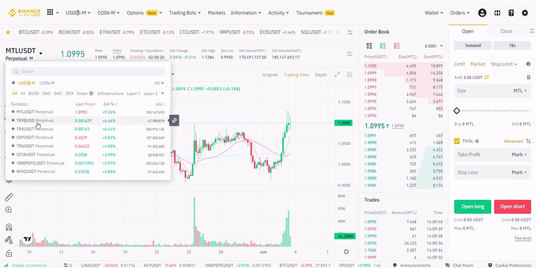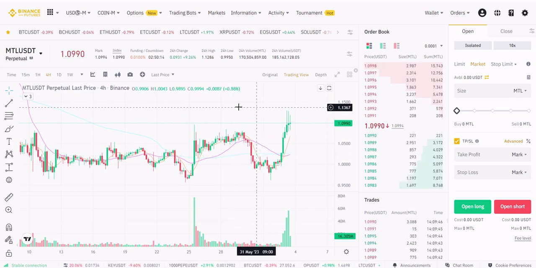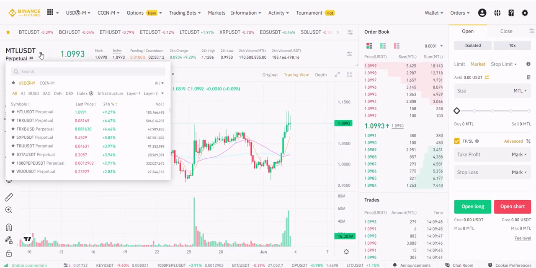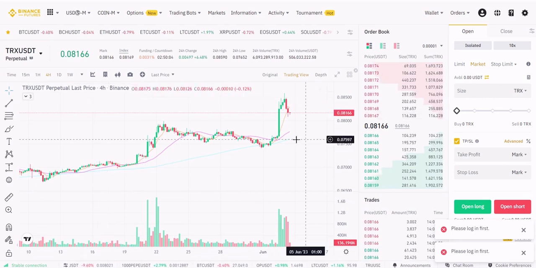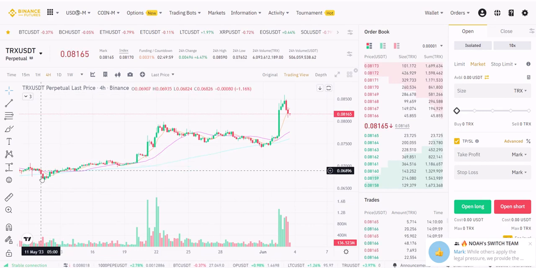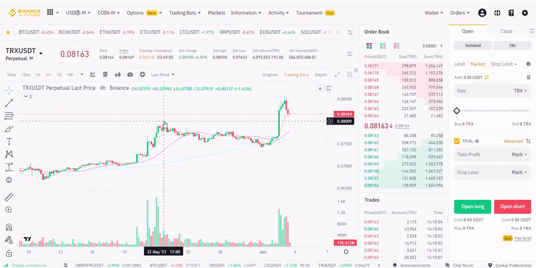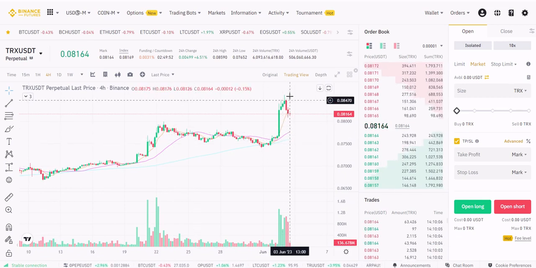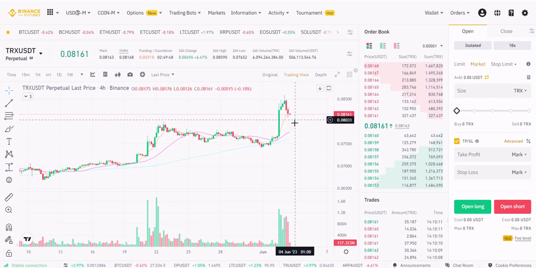The next one is USDT pairs, would be TRX USDT. So let me click on that one, TRX USDT. This one has done some interesting things. Basically, since May 11th, it's gone up, hit resistance, came back down a little bit, and then gone up considerably more in a short period of time.